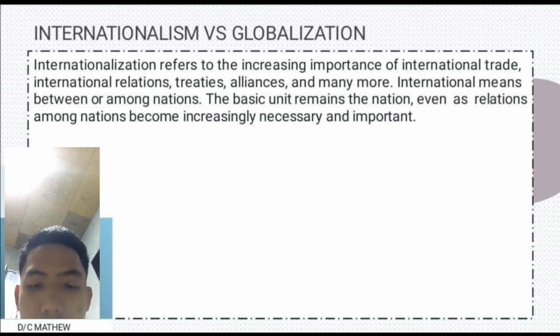Internationalization versus globalization. Internationalization refers to the increasing importance of international trade, international relations, treaties, alliances, and many more. International means between or among nations. The basic unit remains the nation even as relations among nations become increasingly necessary and important.